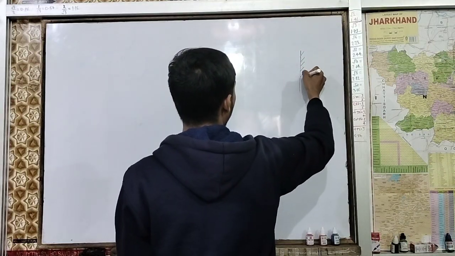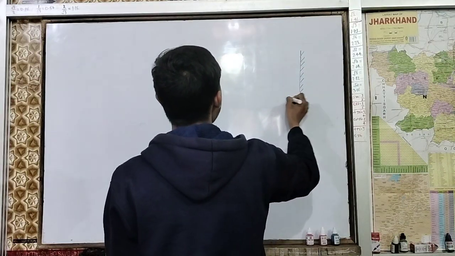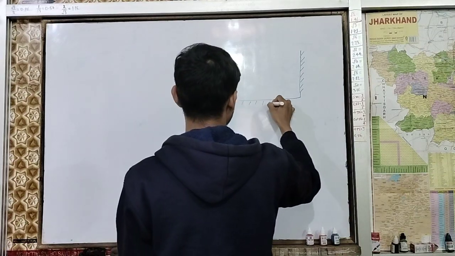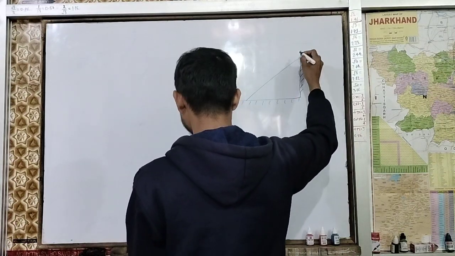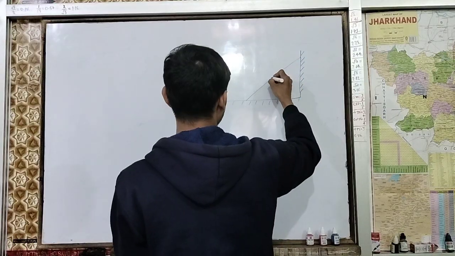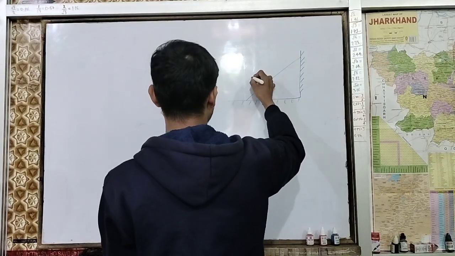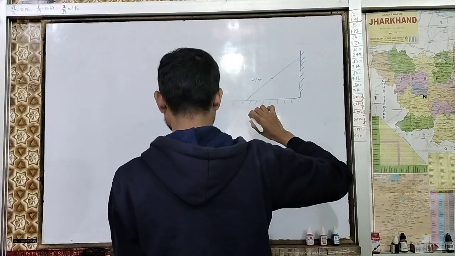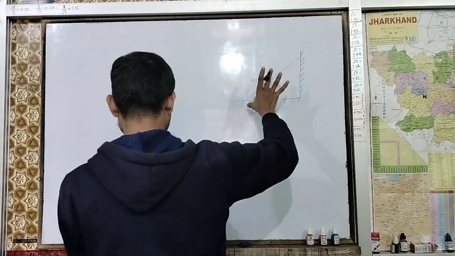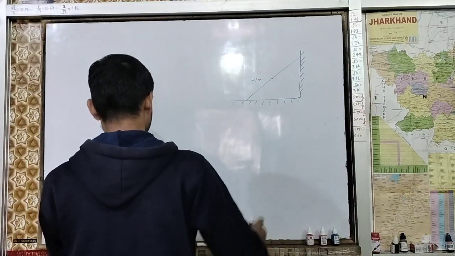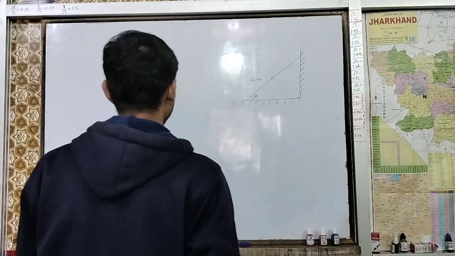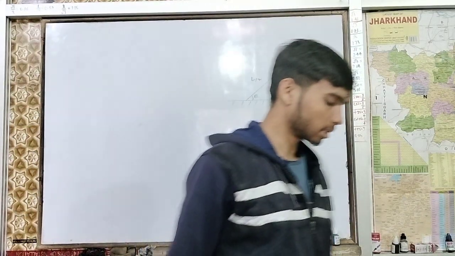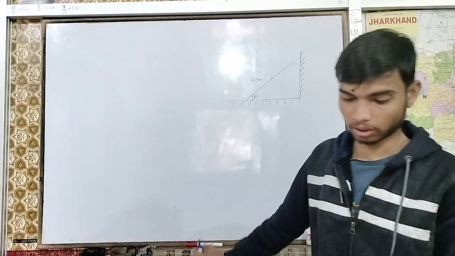Next topic. This is a wall and this is the ground. There is a ladder. If the length of the ladder is L, then half of it will be L upon 2. This angle is theta. Listen to me.